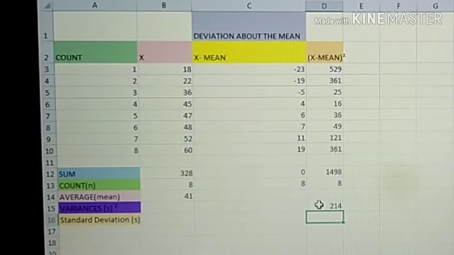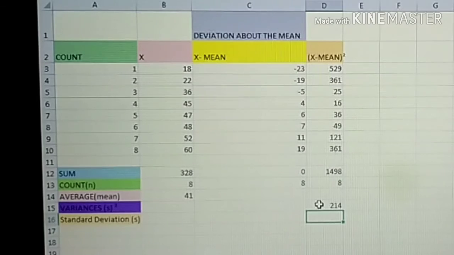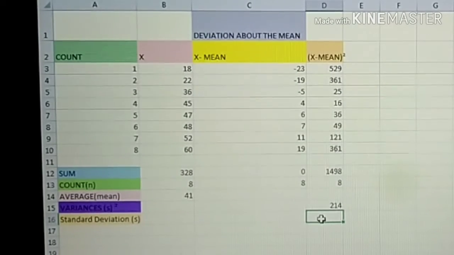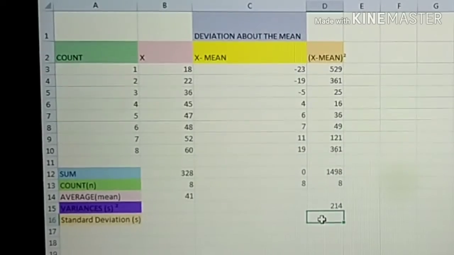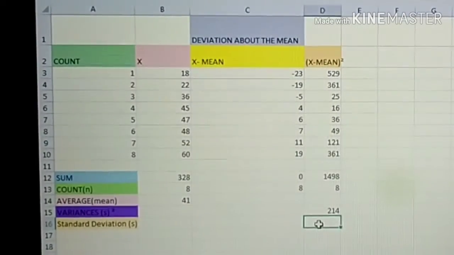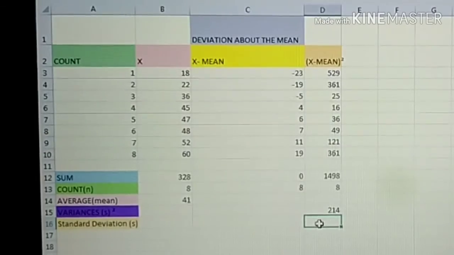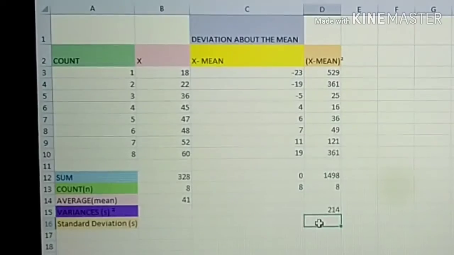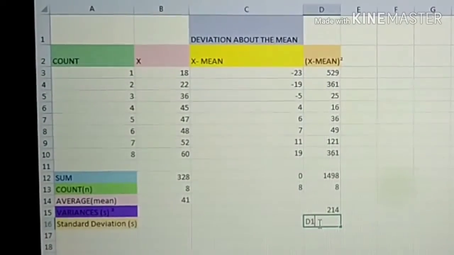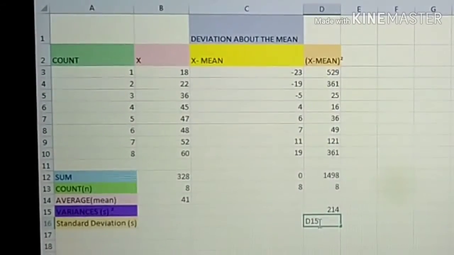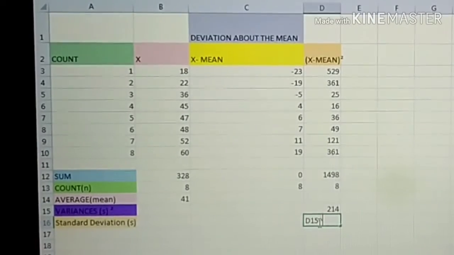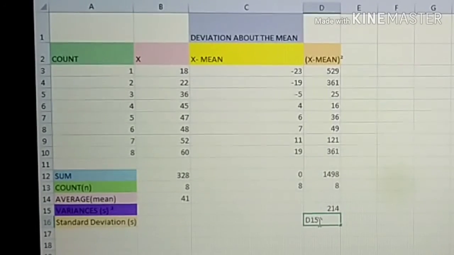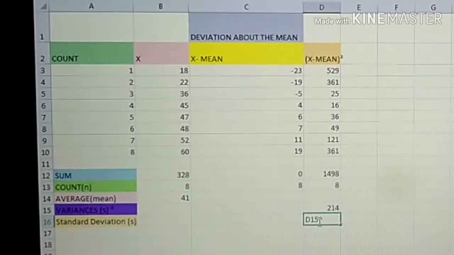Yan yung variance. So, ang kukunin na natin ngayon is yung standard deviation. Para makuha yung standard deviation, kukunin natin yung answer ng variance, which is yung 214, then D15, then squared by 0.5.